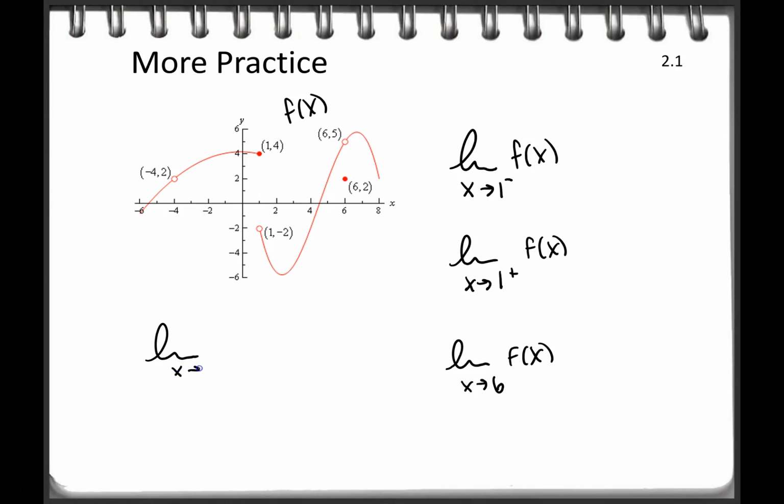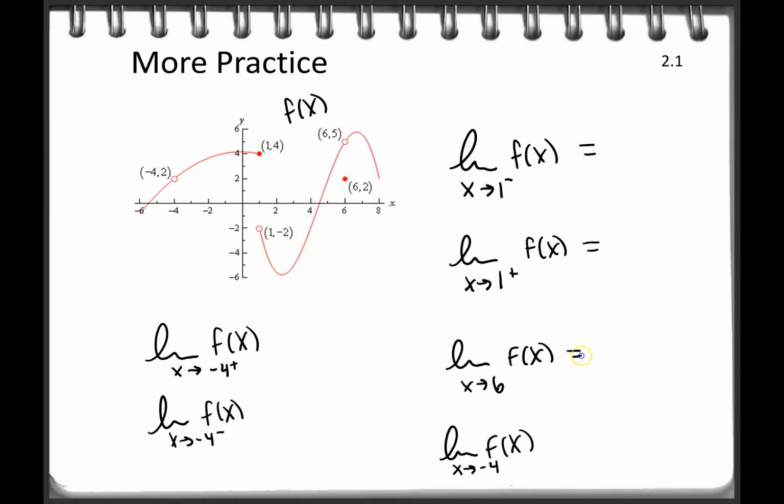We'll just do x approaches -4 from the right. The limit as x approaches -4 from the left. And last but not least, I want the limit as x approaches -4 just in general. So you might want to pause the video and try this problem on your own.